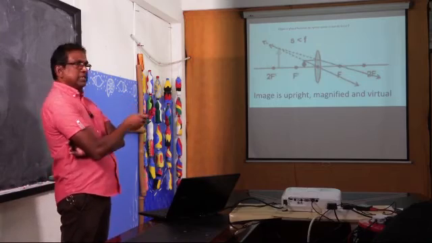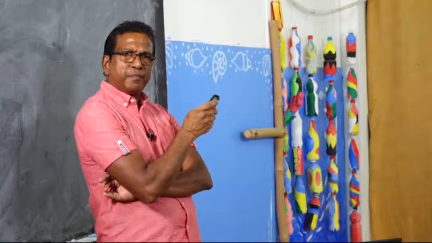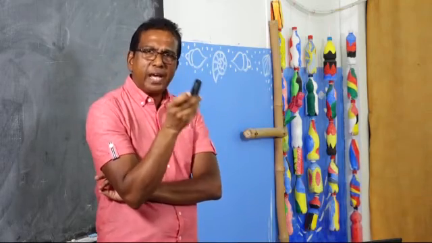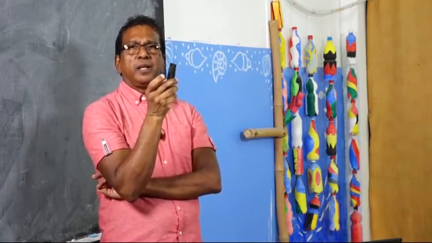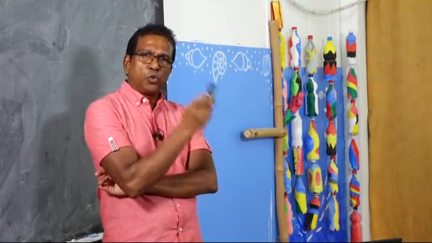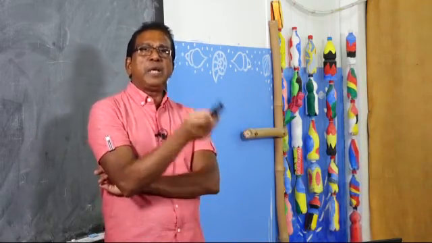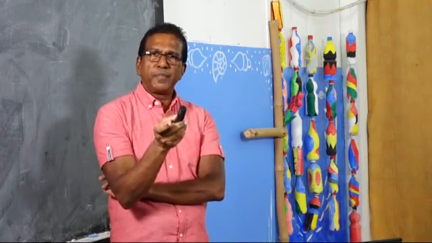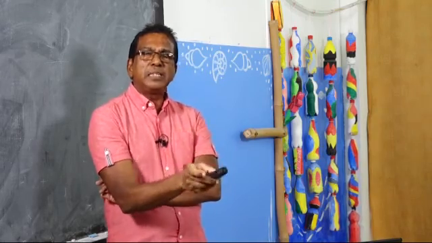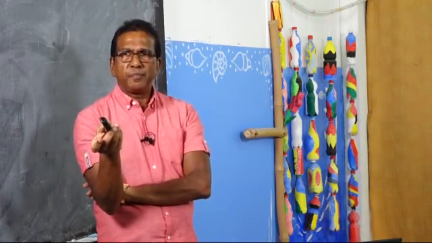When an object is beyond 2F, the image is between F and 2F. When the object is on 2F, the image is on 2F. When the object is between F and 2F, the image is beyond 2F.